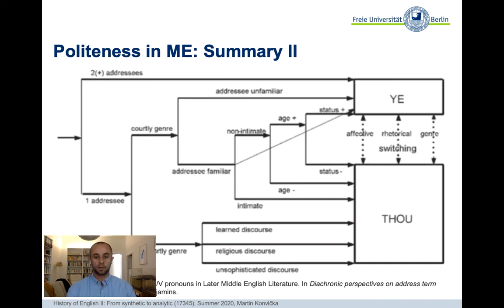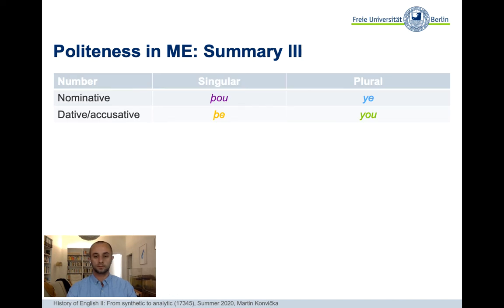Okay, but this is also not the whole thing. You can actually see that the system of when to use which pronoun in Middle English is really complex, and I'm not going to go into the details of it right now, but you can have a look at that later on. Right.